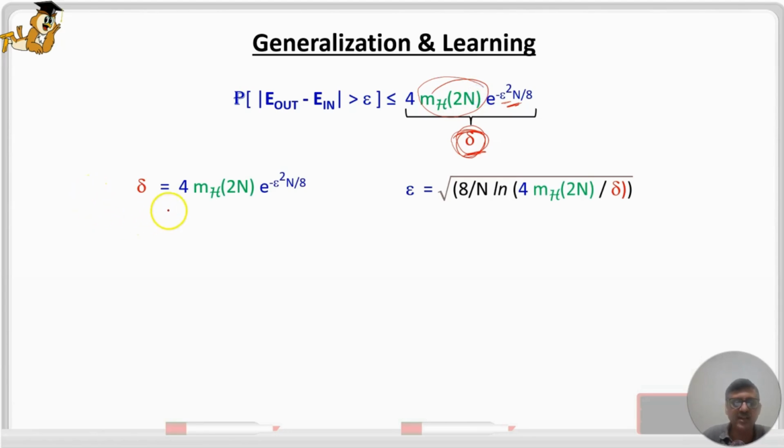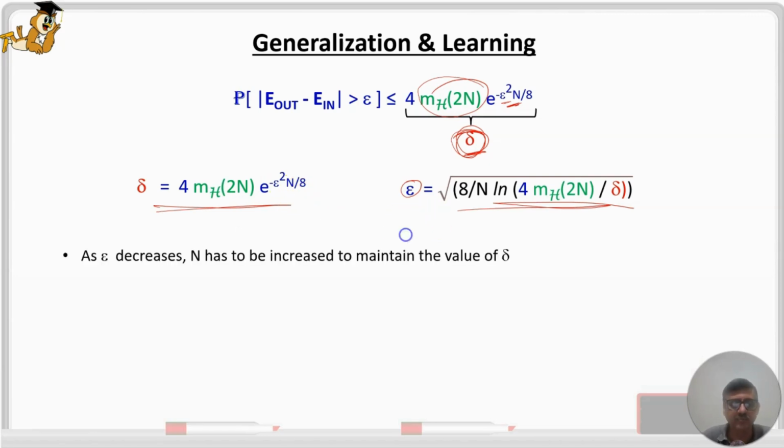Now, if delta is this, I can simply rearrange terms and write epsilon in terms of delta. So delta is related to epsilon, and epsilon is therefore related to delta. There are a few things to notice. As epsilon decreases, n has to be increased to maintain the same value of delta.